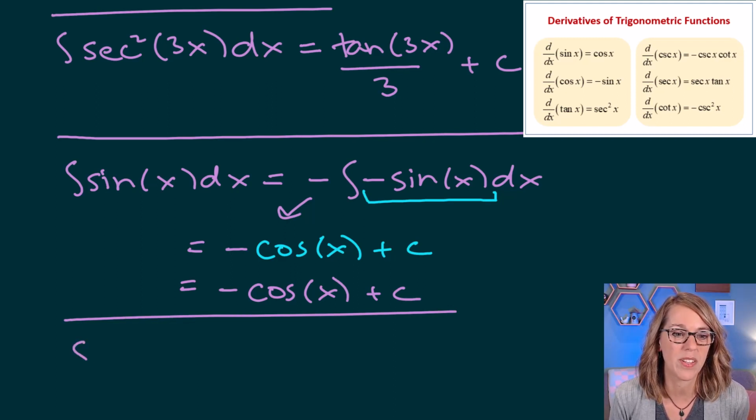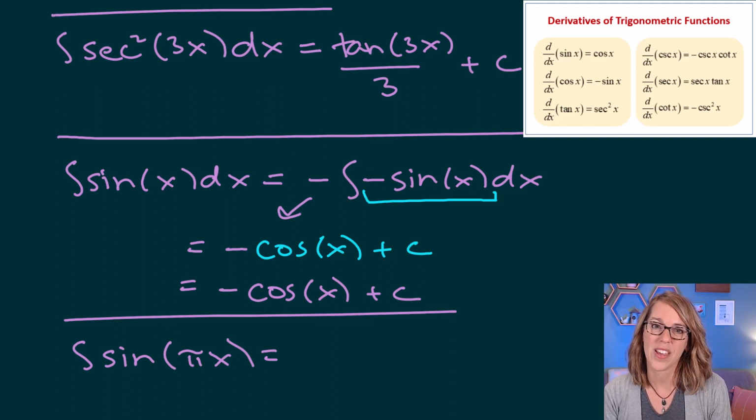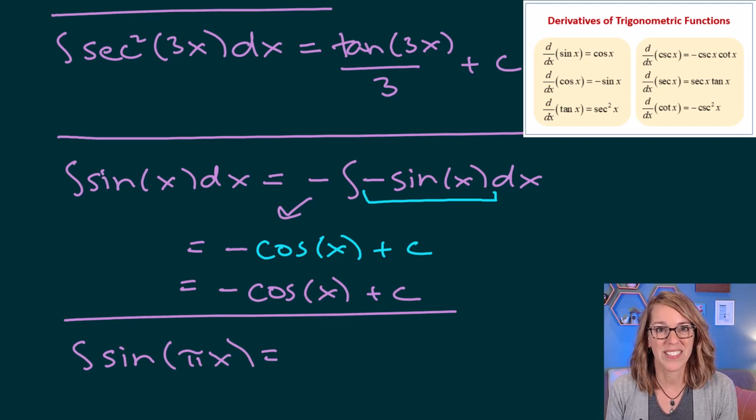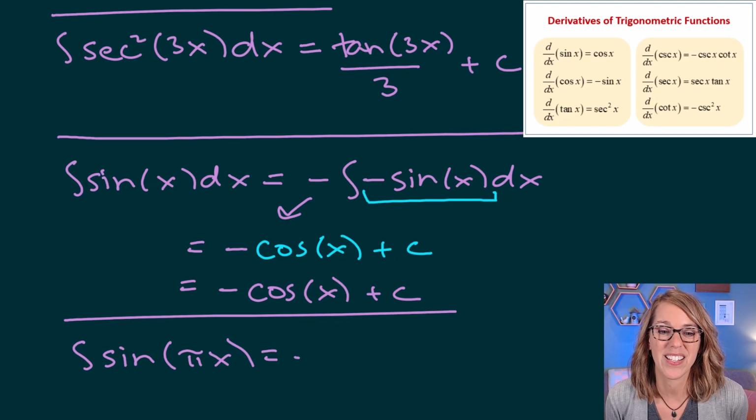This next one's going to be the integral of the sine of pi x. What would you get? If you want to follow along with me, I know that I'm going to get that extra negative sign. So the antiderivative of sine is negative cosine.